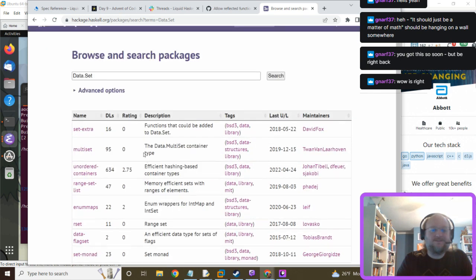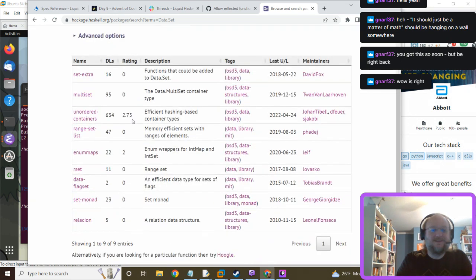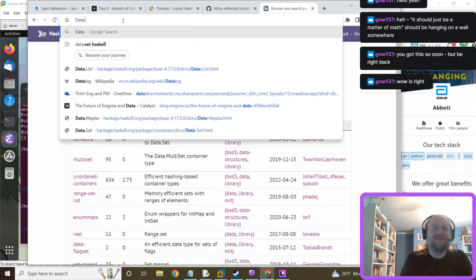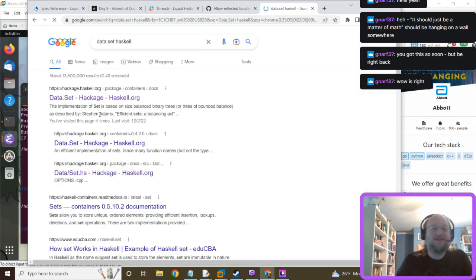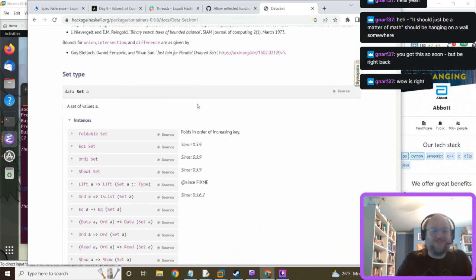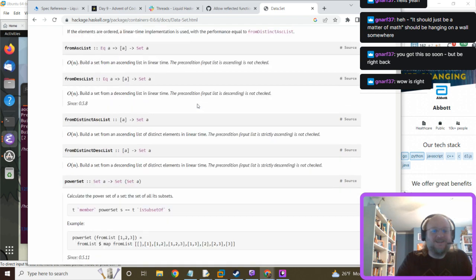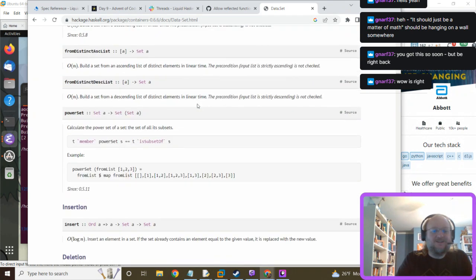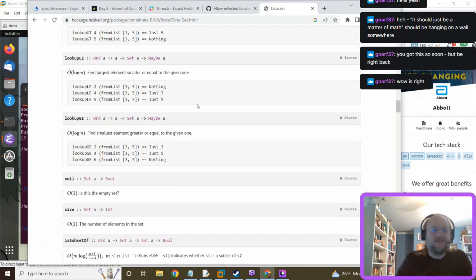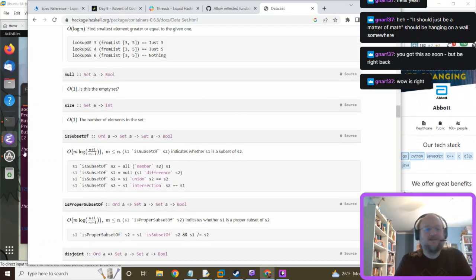No, I just want data dot set. Oh, why does your search not give me this one? Size.